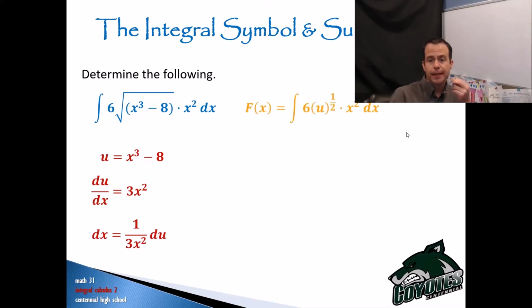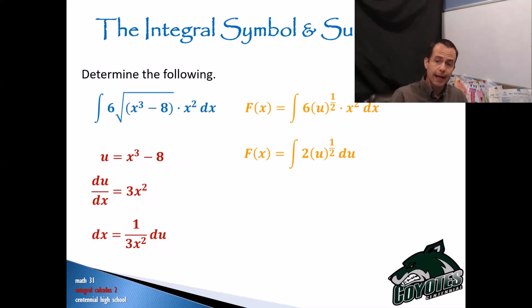Okay, so big F of x will be the integration of 6u to the 1/2, that was for the square root, times x squared dx. I'm going to swap my dx out with 1 over 3x squared du, which means my x squares are gone, but my 1/3 isn't, so that'll be 6 times 1/3, which will give me a 2. Okay, so I end up with 2 u to the 1/2, and I'm going to take the integration of that.